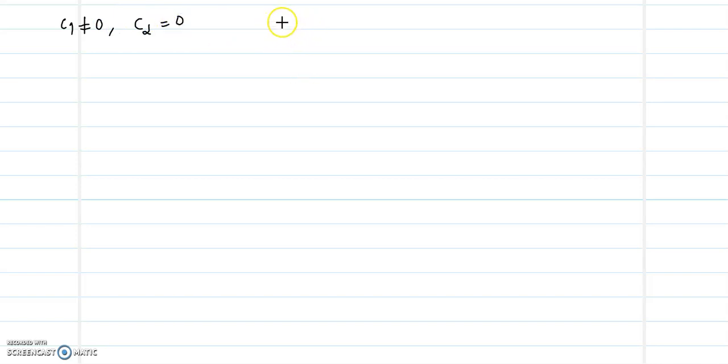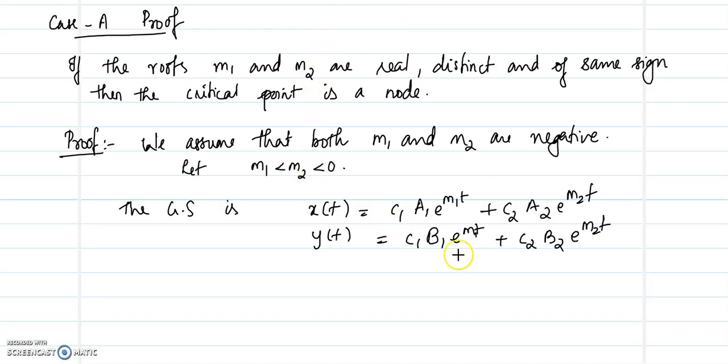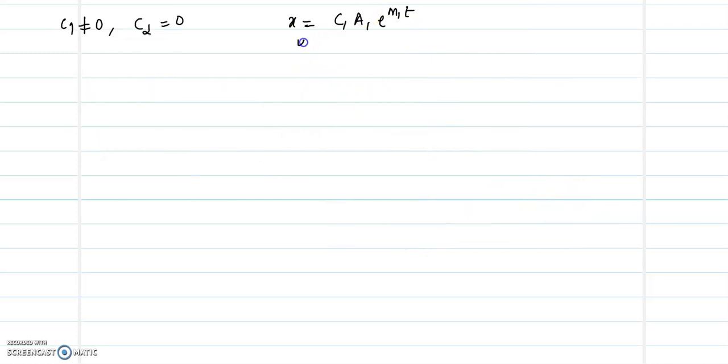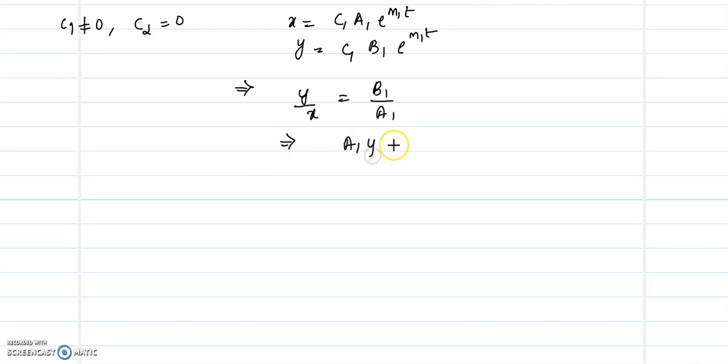Let us take c1 not equal to 0 and c2 equal to 0. Now when this happens, we get x equal to c1 a1 e raised to m1t, the second term is 0, and y will be c1 b1 e raised to m1t. So that gives y by x equal to b1 by a1, that is, a1 y equals b1 x.